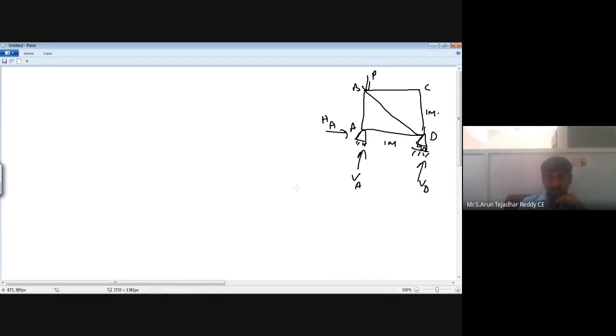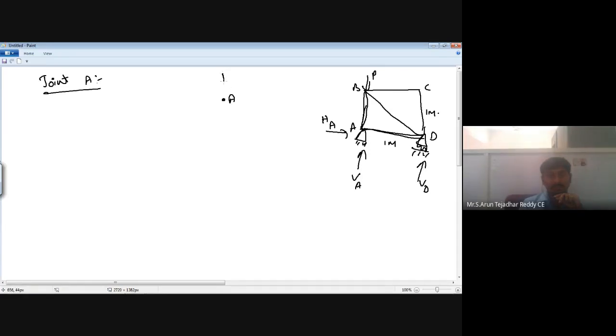In this problem, first of all, I am considering joint A. If I take joint A, I will be finding two unknown forces, that is AD and AB. This is the joint A.